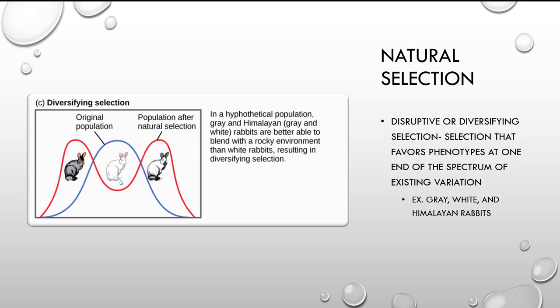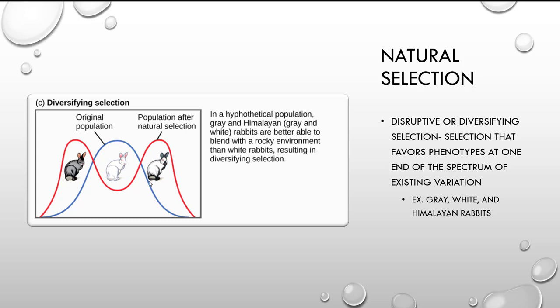So the intermediate morph tends to stick out on the rocky environment. They're prey animals, and so they tend to be eaten up by the predators. Whereas the Himalayan morph and the gray morph tend to blend in better to the rocky environments.